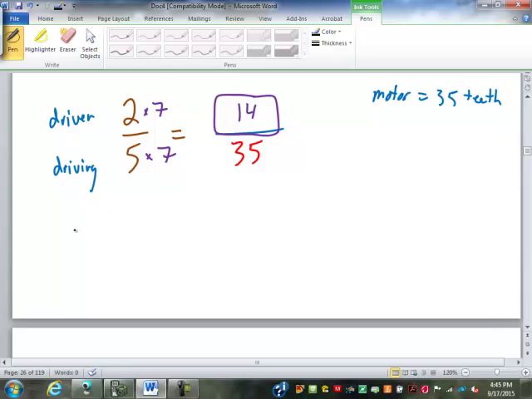Let's say I have a rate where, trying to make one that's not terribly complex, on a 450 mile trip, I use, to make this somewhat reasonable, 12 gallons of gas.